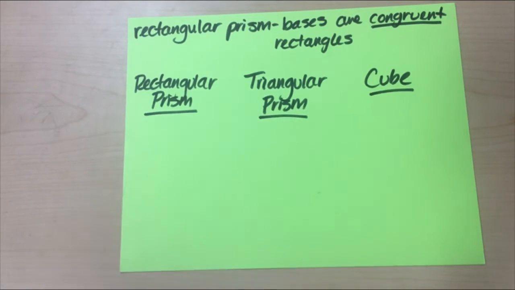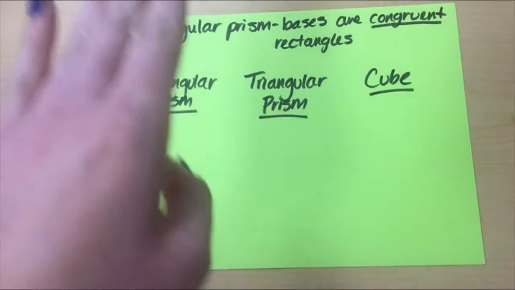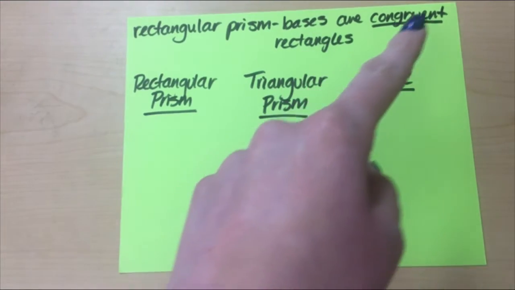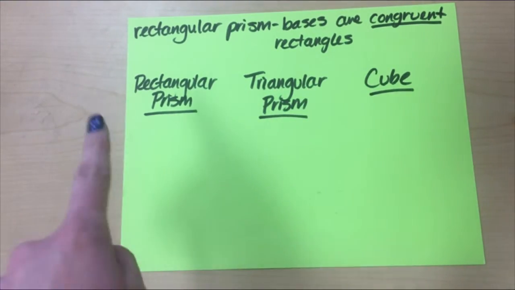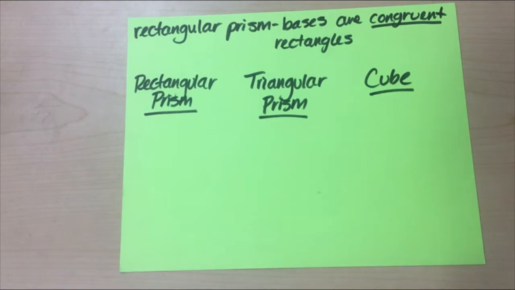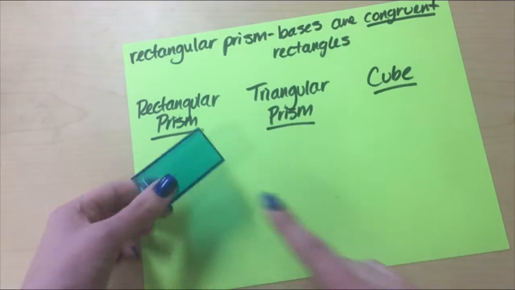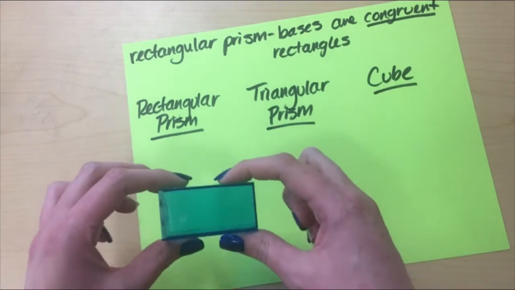A rectangular prism is a 3D figure, and it basically has rectangles as the bases, and the rectangles are the same. Let's look at a few rectangular prisms. This one right here has rectangles for the bases.